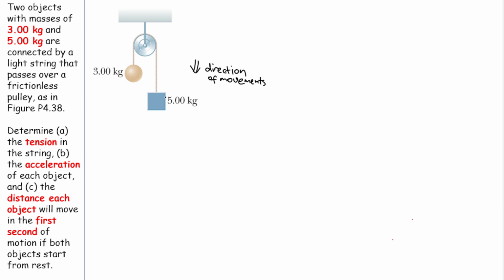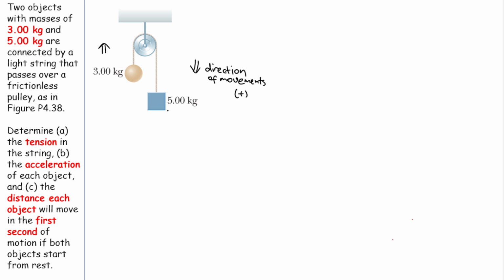I want the direction of movement to be positive, and the opposite of that will be negative. This object is going down, and this object here is going up. English grammar is hard, right?